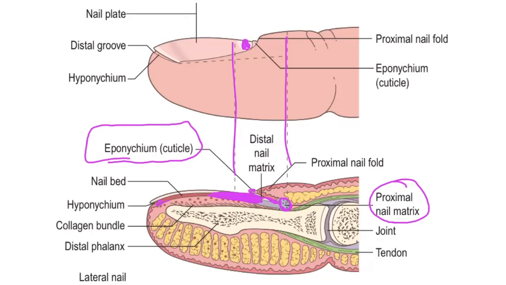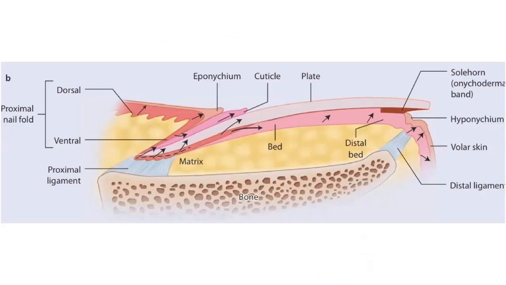The nail bed is like this. So you see, this one is a matrix, right? Dorsal and ventral. All of the remaining is volar matrix or distal matrix.